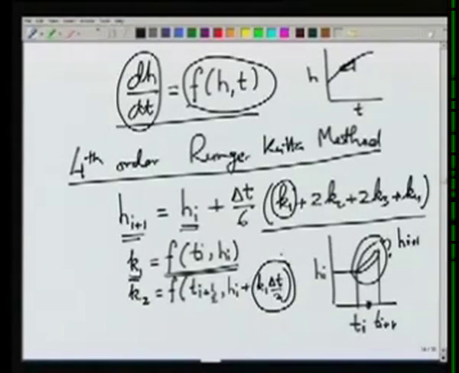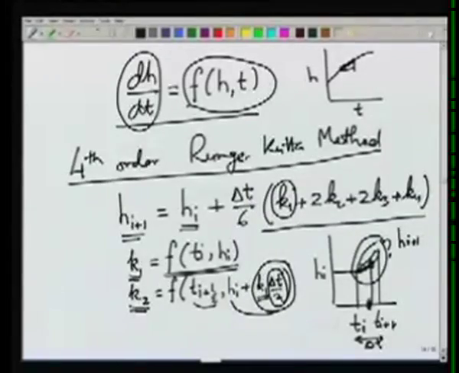So k1 is the value known at ti hi, multiplied by delta t by 2, which is the half way up to here. This will give us a value of k2 at half point corresponding to a depth which denotes the slope at the beginning moving up to the midway point. So this is some h value which we predict based on the original slope of the line at hi ti and the time step delta t by 2.